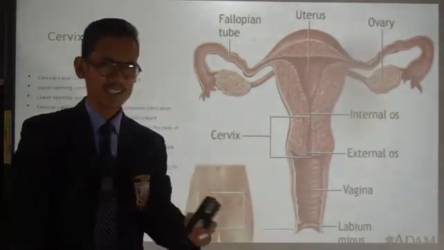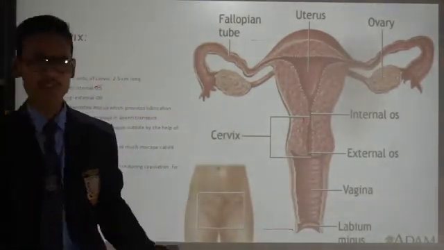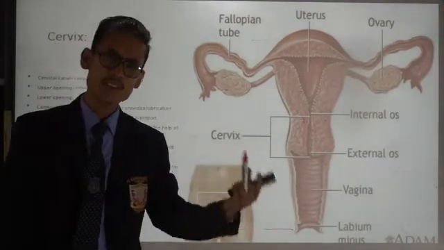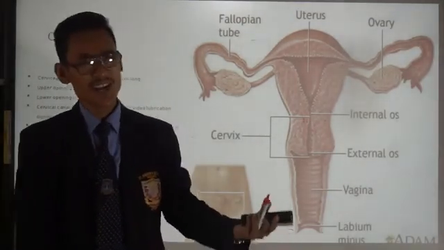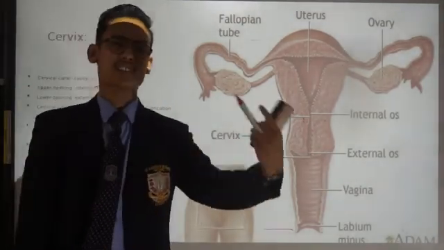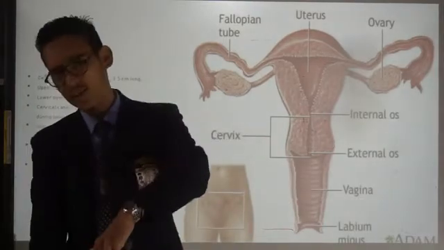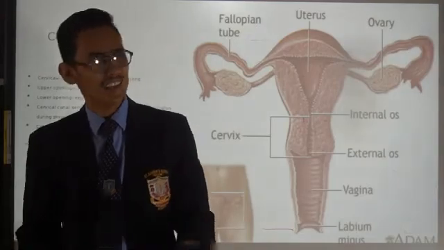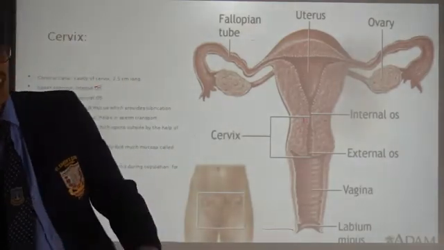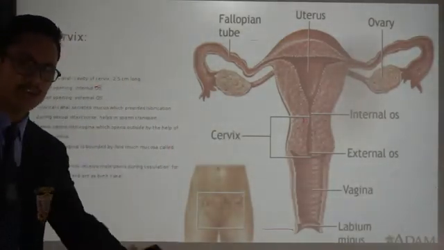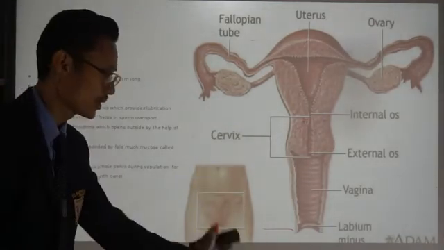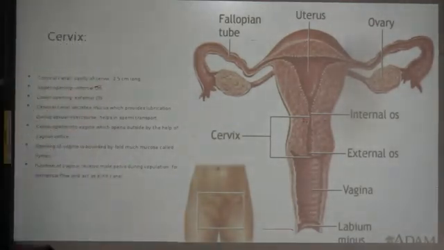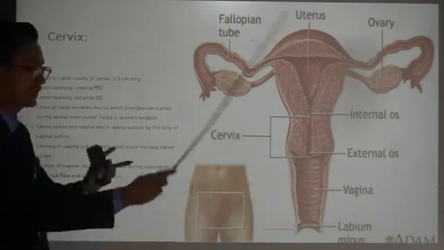But the hymen can be ruptured due to injury, or during vigorous exercise or cycling. So we cannot say that the hymen is an indicator of virginity in females. In fact, sometimes it can persist even after sexual intercourse. Clear this one?